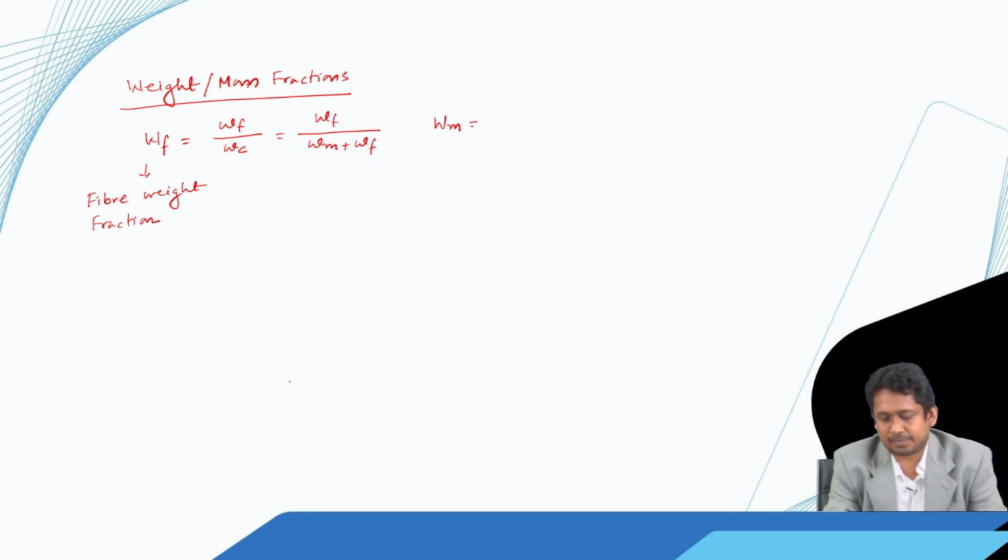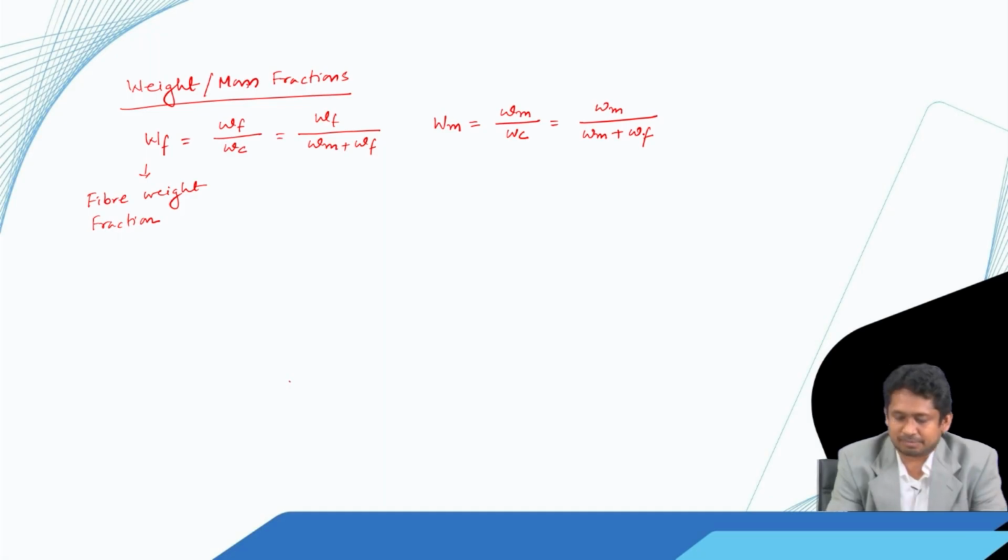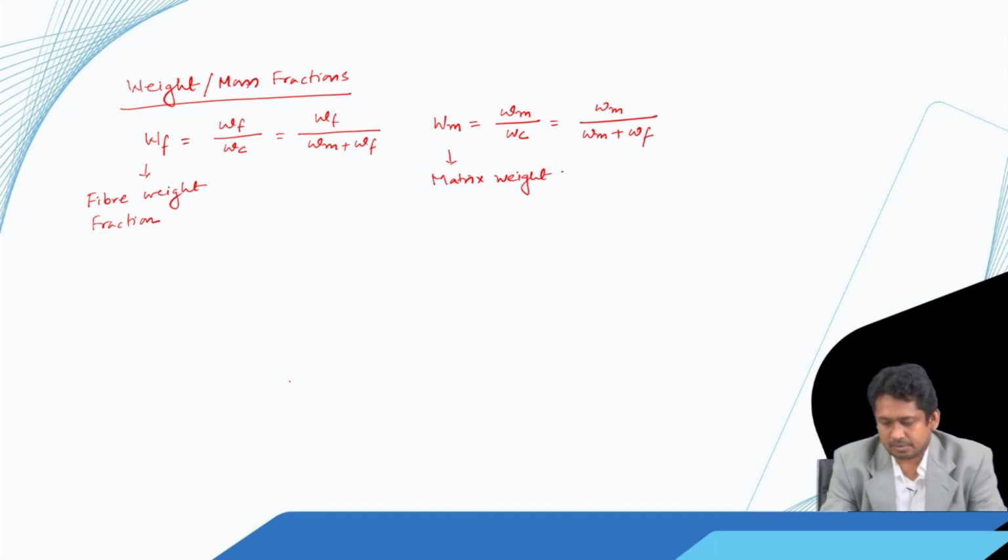Similarly, we have matrix weight fraction, and that is weight of the matrix divided by weight of the composite, and again that is essentially Wm divided by Wm plus Wf, and this is matrix weight fraction.